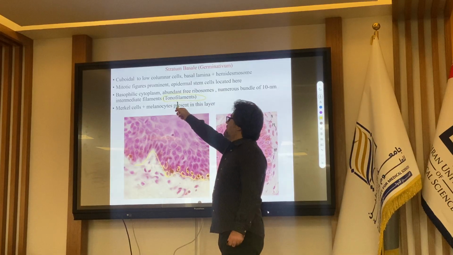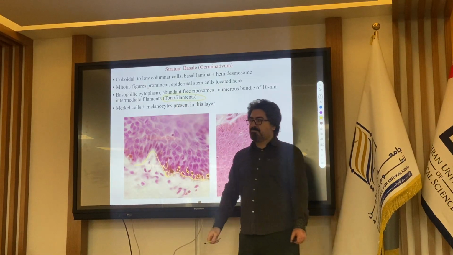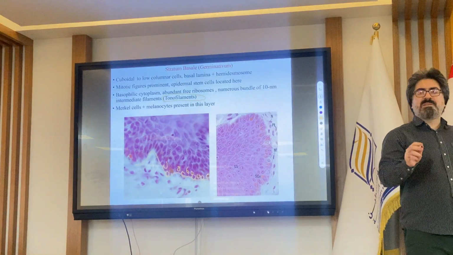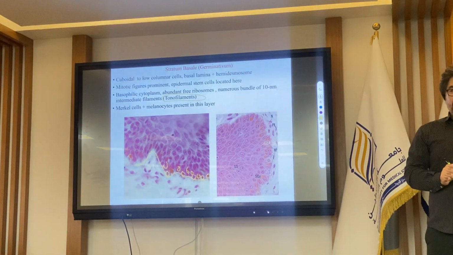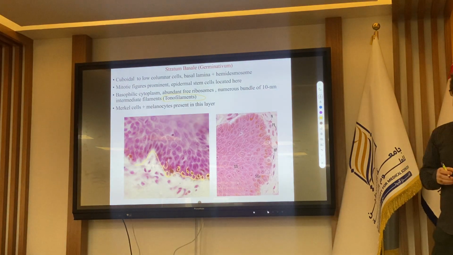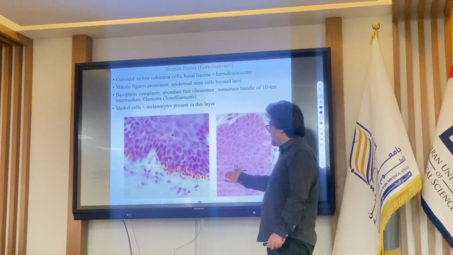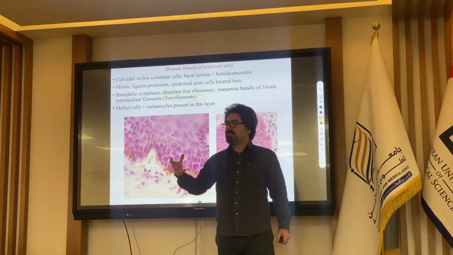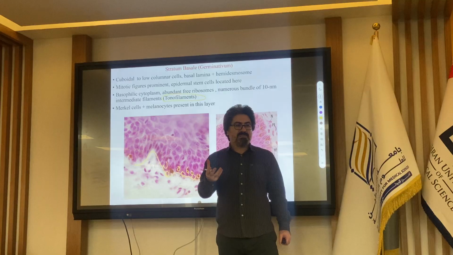Now focus on this word, tonofilament. There is a unique filament that is a type of intermediate filament, a part of the cytoskeleton within keratinocytes. As I told you, these cells are keratinocytes. And within keratinocytes, there is keratin filament.